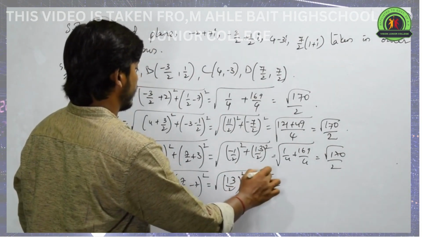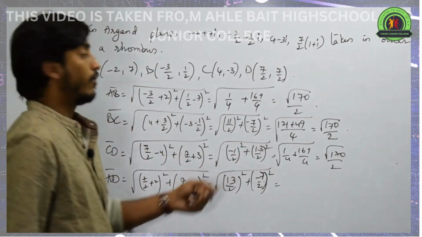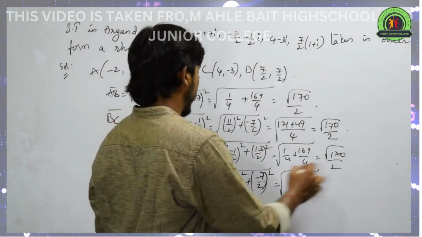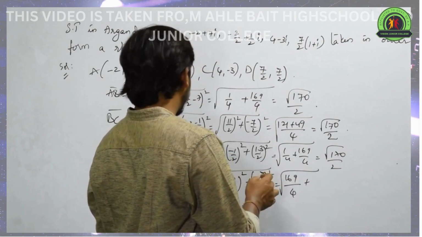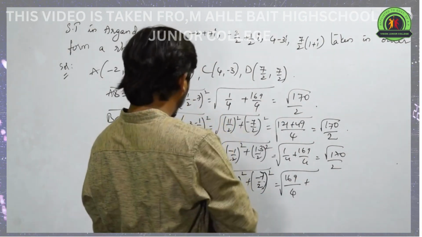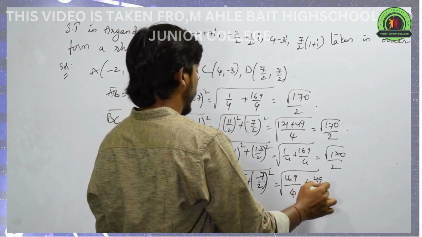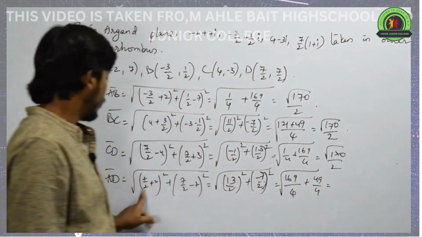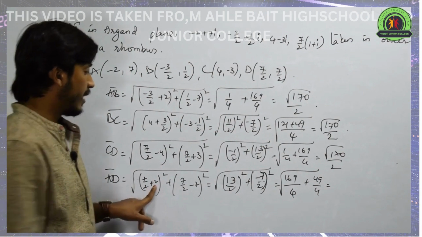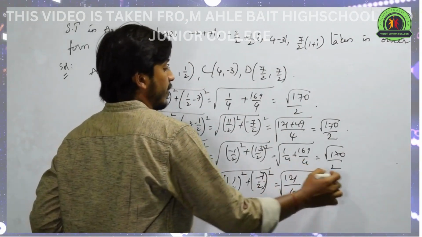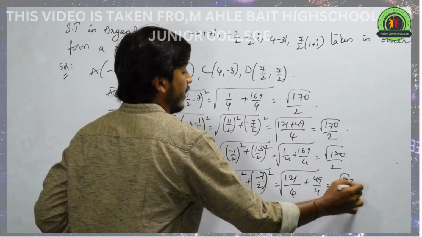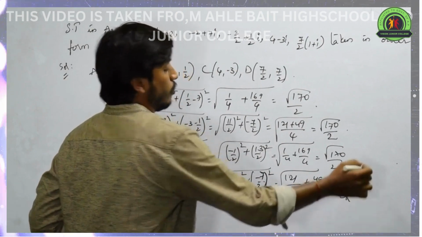Obviously it is also 7. What is 13? 13 square is 169 by 4. Again here it is 49 by 4. 7 plus 4 is 11, therefore this is 121. 121 plus 49, again 170 by 2.